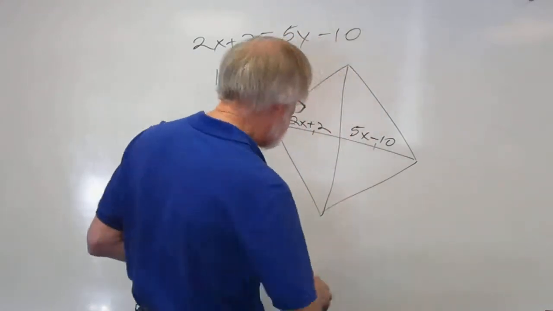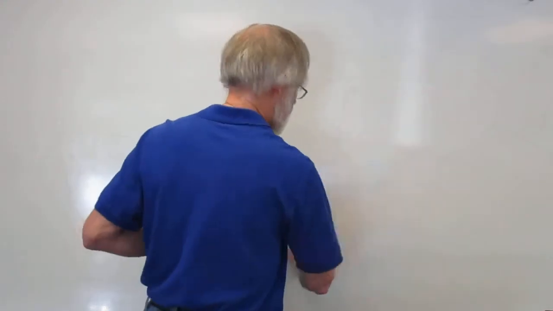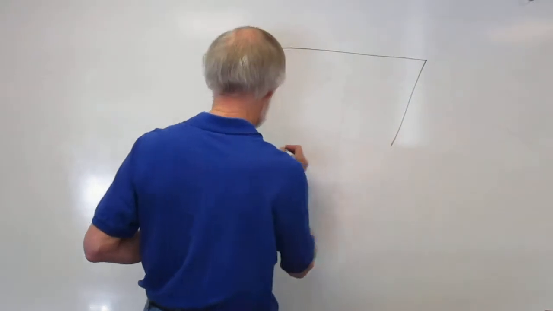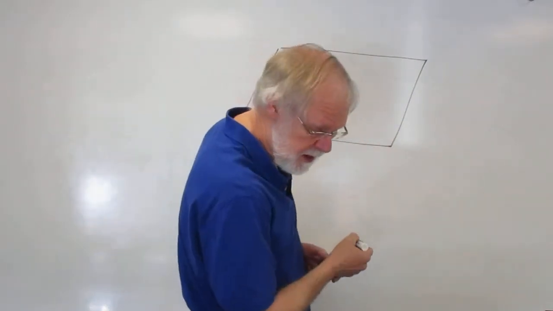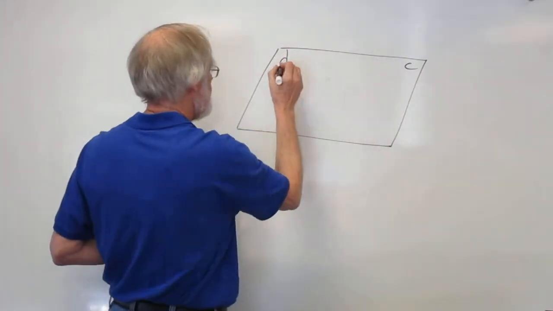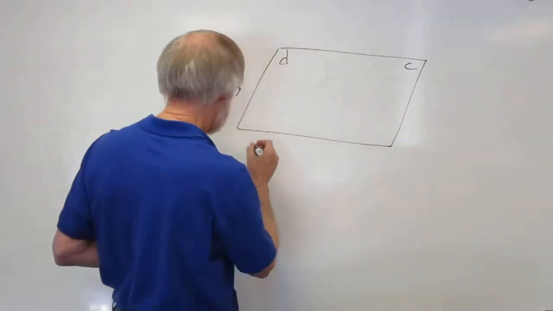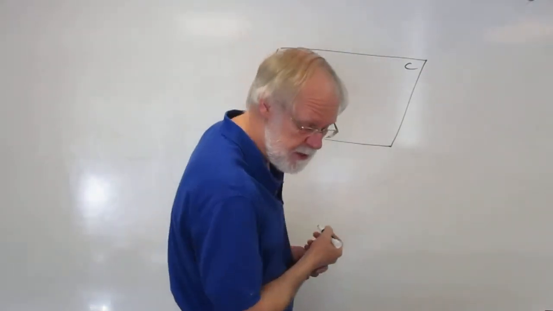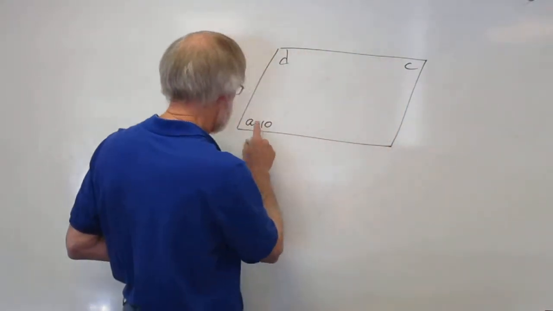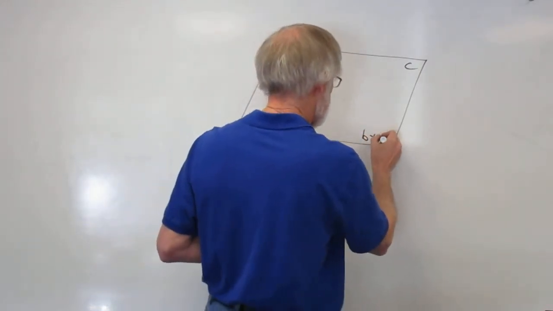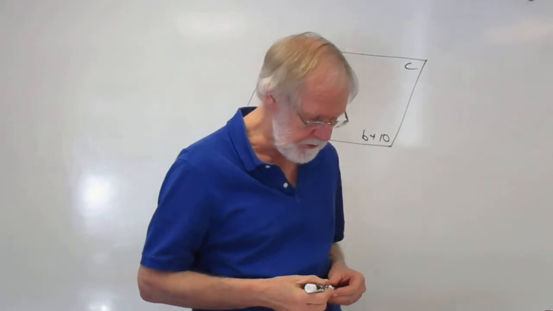Another one here would be if you had a parallelogram in which you were given some angle measures, given as letters: c degrees, d degrees, a minus 10 degrees, b minus 10 degrees, and b plus 10 degrees. So you're asked to solve for all these variables.